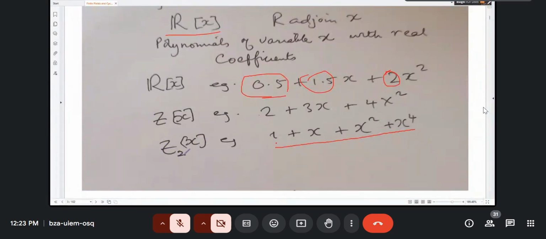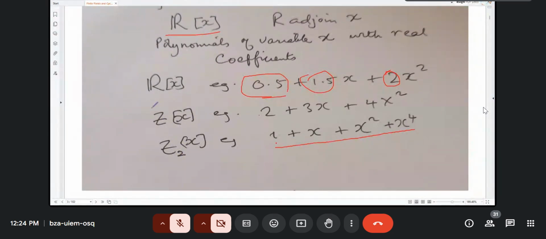Yeah, but not all Galois fields are GF2. You can have GF5. We are going to notice that it's only possible with prime numbers. So the Galois field has to be in prime numbers.